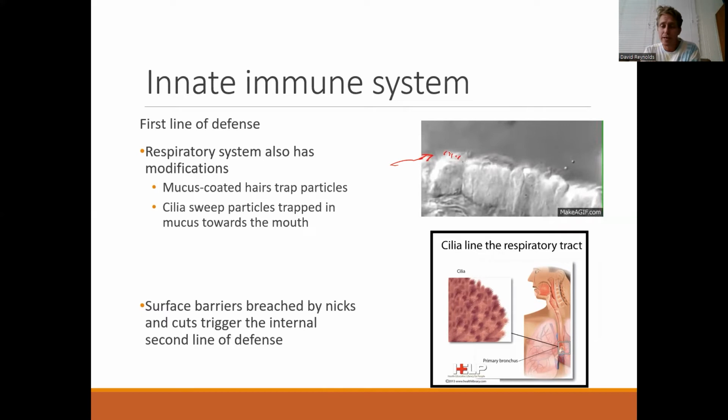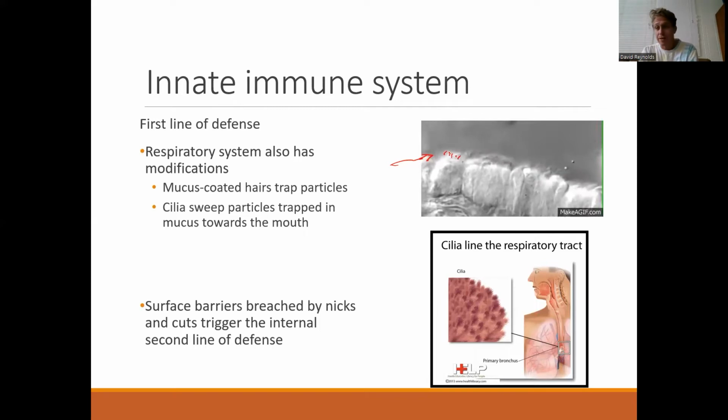What these cilia are doing is bringing all that mucus created by goblet cells that caught microbes up and out of your respiratory system, and then it's going to turn a corner and go down into your digestive system where those microbes can be broken down from the acidity and enzymes that are in your stomach. All right, so that's just another interesting case of your barriers working to fend off these microbes.